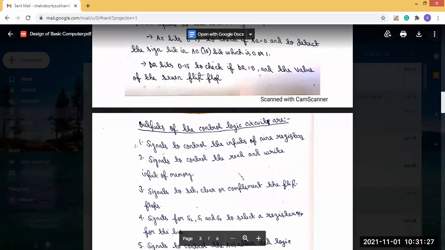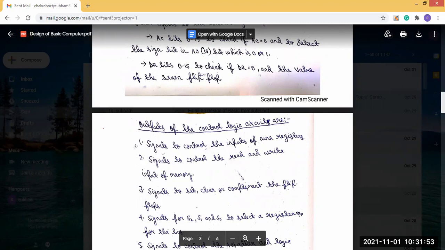These are the output signals, and they can be of 5 types. What are those? Output signals to control the input of the 9 registers. Output signals to control the read-write input of the memory. Output signals to set, clear, or complement the flip-flops.